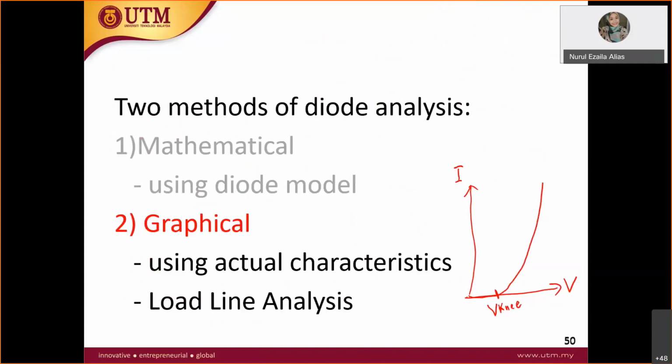Load line means you need to find one node on the x-axis and one node on the y-axis, and then you draw the line connecting these two nodes. This is what we call your load line.